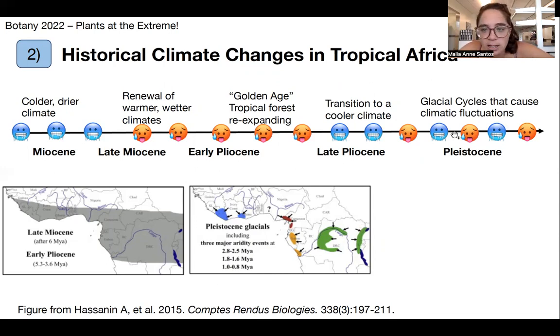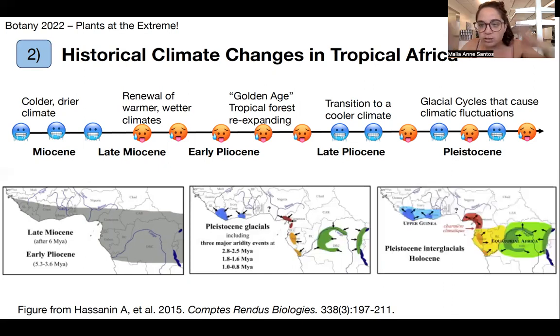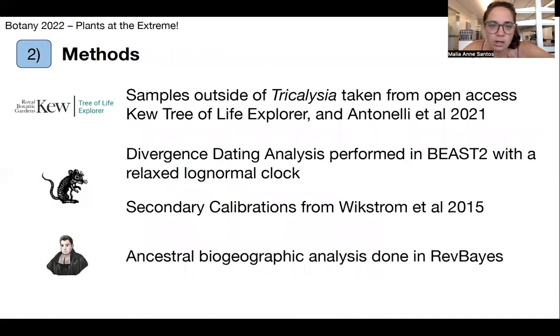And during the drier and colder climates, we're seeing a contraction of the rainforests again. And so we come from this big expanded area into multiple little refugia, if you want to consider them refuges. In the hotter, wetter periods, we do see again that the forests re-expand and reconnect, and so this happened many, many times during the Pleistocene.